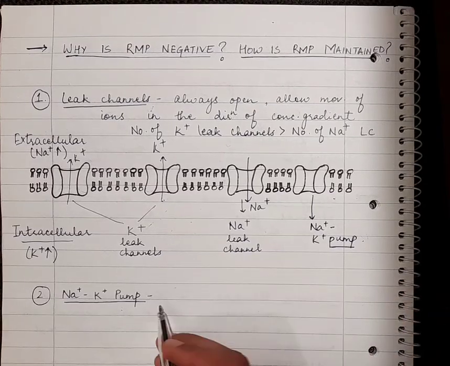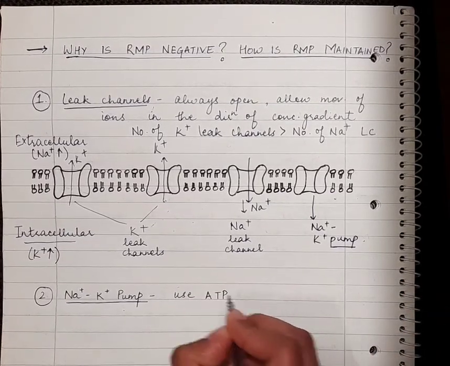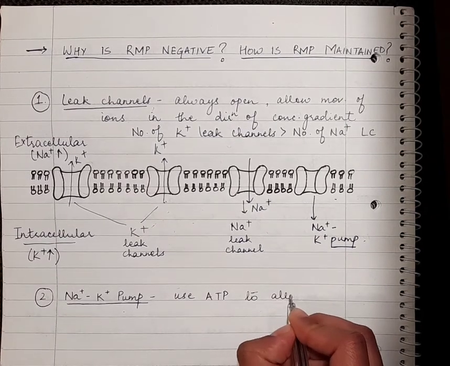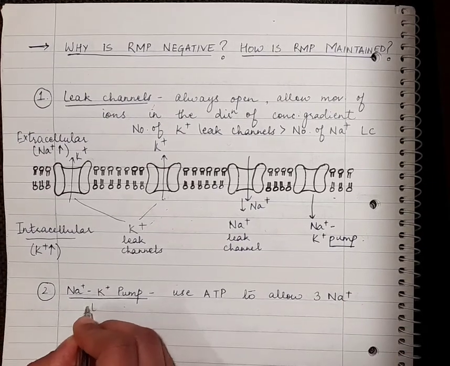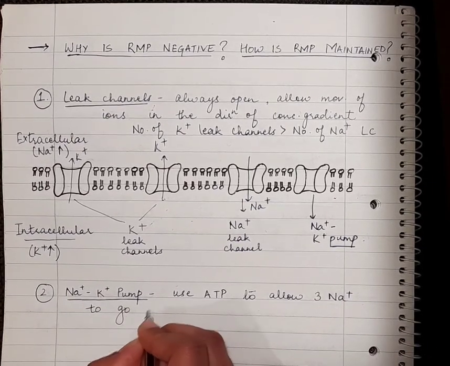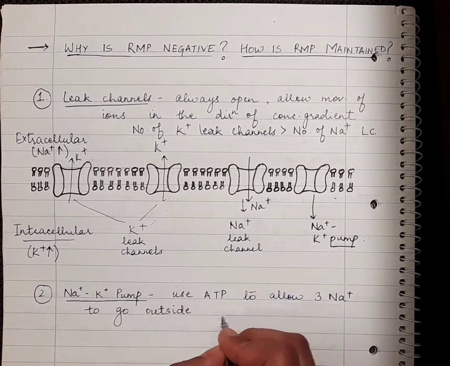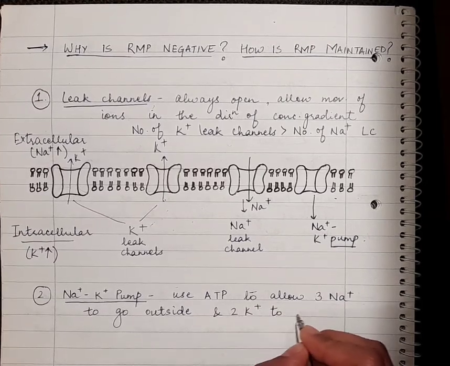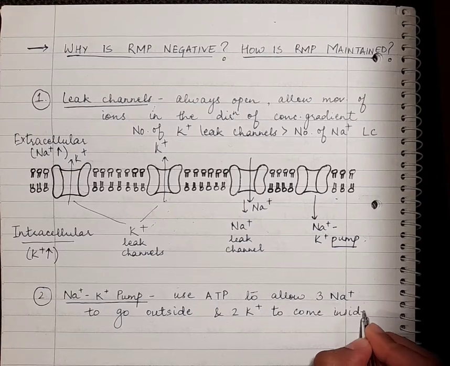What it does is it uses ATP to allow 3 sodium ions to go outside and 2 potassium ions to come inside the cell.